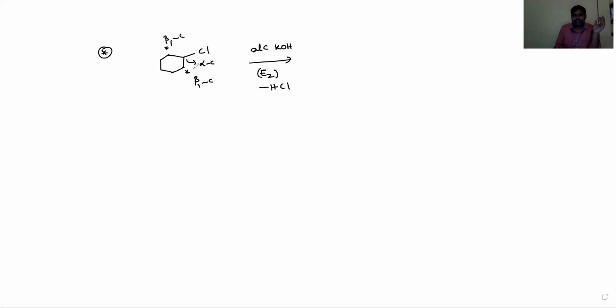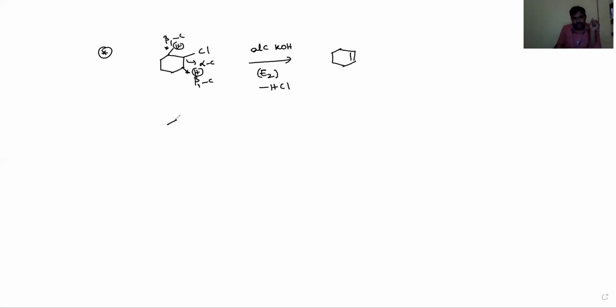So you have to remove any one of the hydrogen atoms and we get cyclohexene only. So the product is cyclohexene, and the eliminating groups, hydrogen and chlorine, must be in opposite directions. That is called the anti-periplanar transition state mechanism.